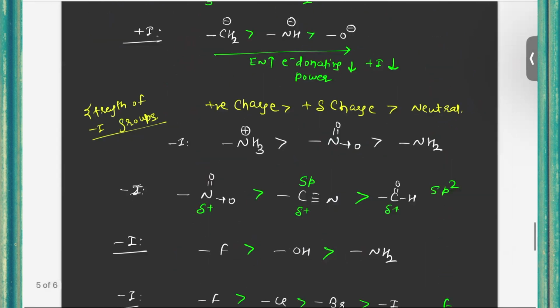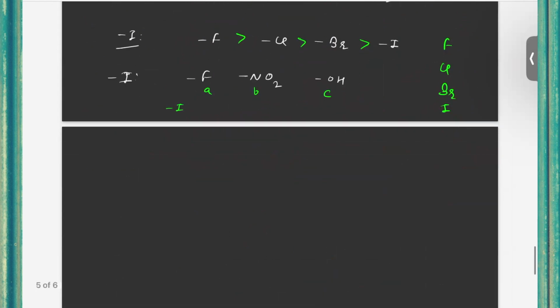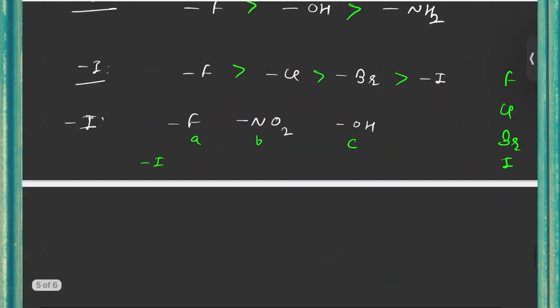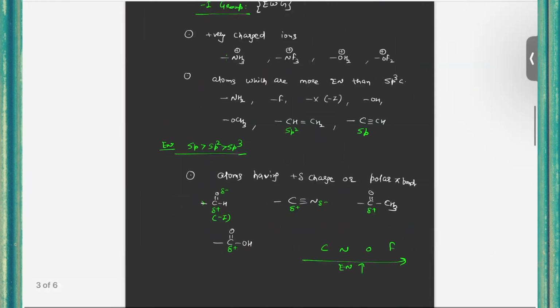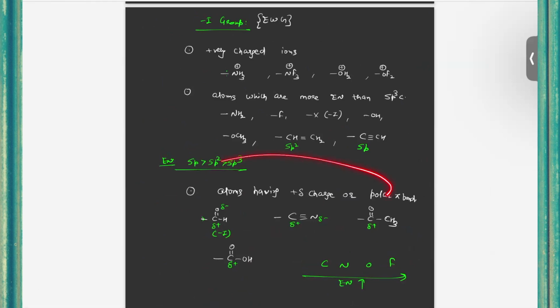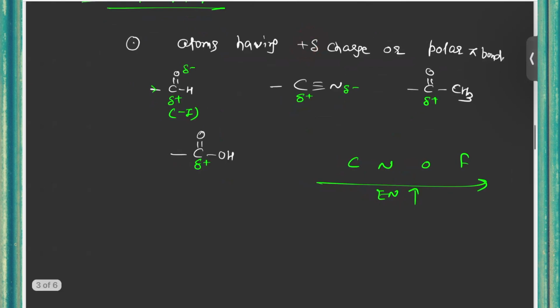Yes, this is the case where students make the mistake. They see fluorine and find it is more electronegative, so they think it should be more. But better see here: complete positive charge, partial positive charge, and neutral. So which is having partial positive charge? This one. Nitrogen is having partial positive charge, no? It is the case of polar pi bond.